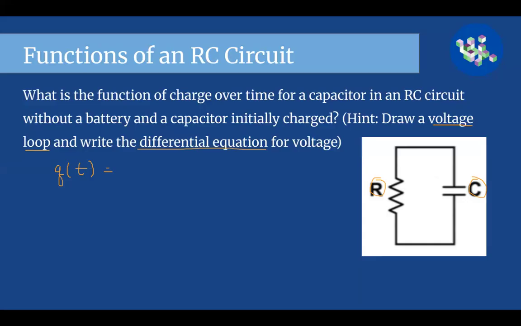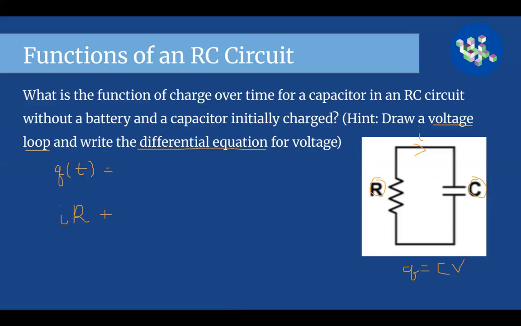Basically, we have our current I going through this, and we write the voltage loop rule. We say that IR, the voltage across the resistor, minus the voltage across the capacitor. Remember that Q equals CV is another important thing for capacitors.